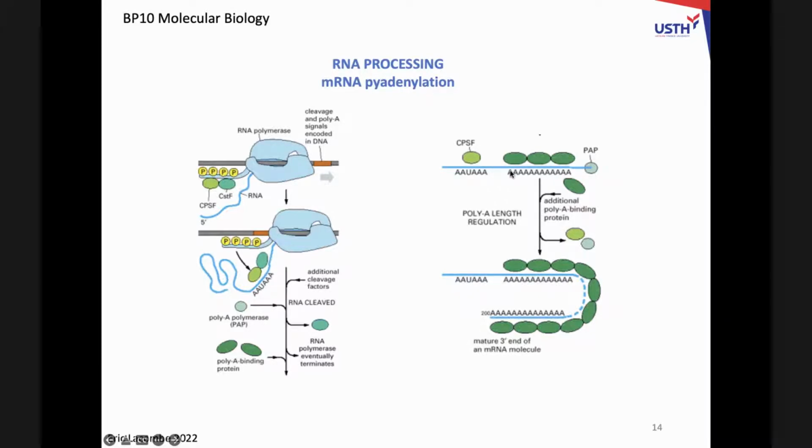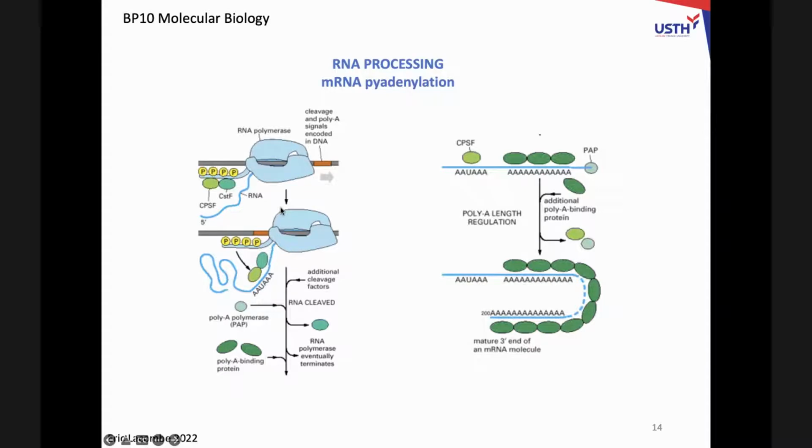As soon as the poly-A tail is produced, it's directly surrounded by the interaction with the protein, which is a poly-A binding protein. Okay, so all the poly-A tail is completely coated by a protein that has very high affinity with poly-A RNA.